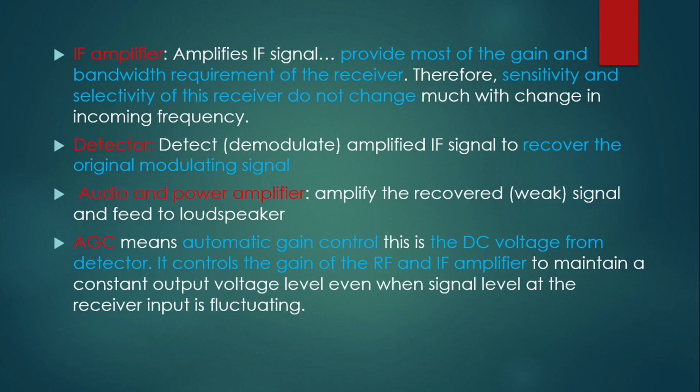So in this way, the superheterodyne receiver works on the principle of superheterodyning. And what is the principle of superheterodyning? It simply means converting each and every incoming signal frequency into a constant lower frequency, that is called the intermediate frequency.